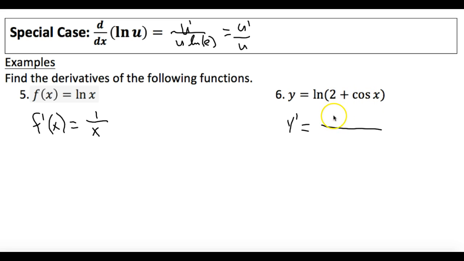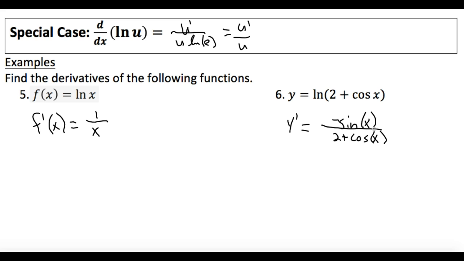Well, derivative of 2 is just 0, and derivative of cosine is negative sine. So I'll just have negative sine of x in my numerator over 2 plus the cosine of x. Then we would have all of that multiplied by the natural log of e, but we know that's just 1. So this is just my derivative.